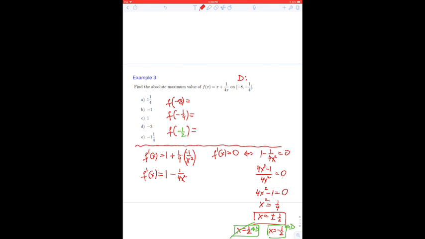Okay, let's do the arithmetic. Negative 8, negative 8 minus 4 times 8, 32. And that means this is negative 8 and 1 over 32. Now negative 1/4. If I substitute negative 1/4, I should have negative, but I can put this negative right away in front.